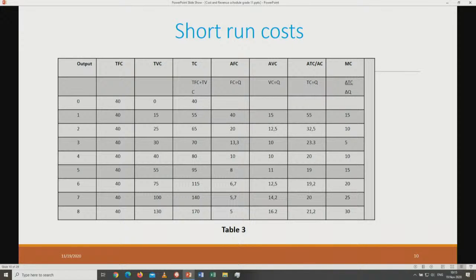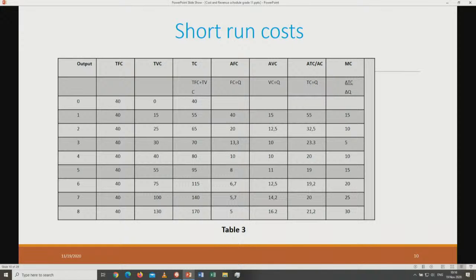And then the next two columns are your average costs. Firstly, we have the average fixed cost, which we calculate by dividing the fixed cost, this one, by the Q. The reason why we don't have anything there is because our fixed cost is 40 when we are not producing anything, so we have to divide it by the quantity.